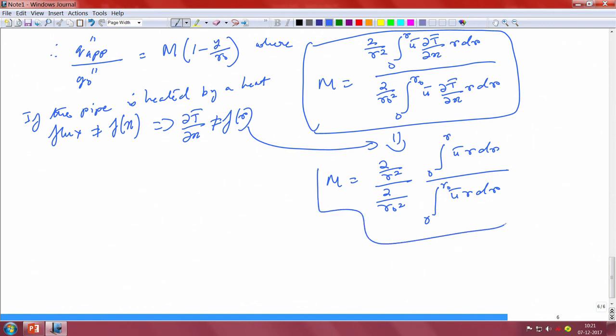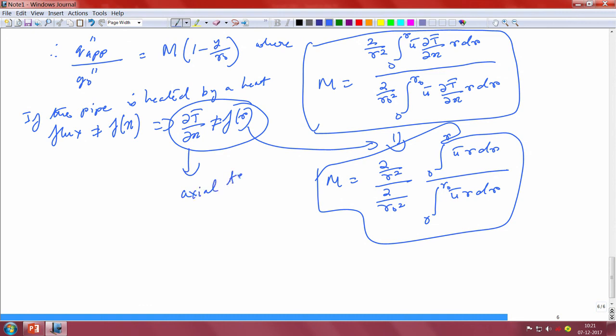So, this is a reduction in the profile based on the fact that your axial temperature gradient is not a function of r anymore. Got it? So, that is an interesting fact.